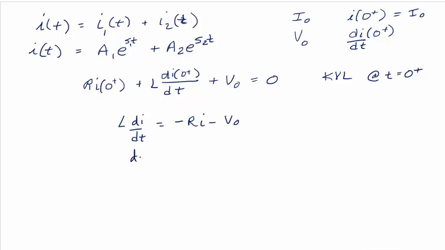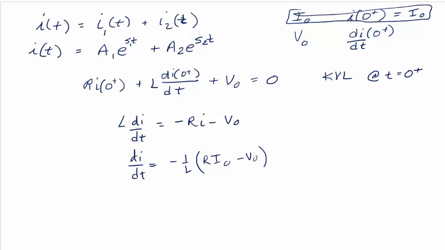And so di dt equals minus 1 over L times R, and what is our initial current? It's I0, minus V0. So this is one initial condition right here. Ooh, it's so hard to draw on this drawing pad sometimes. And here's our other initial condition right here.